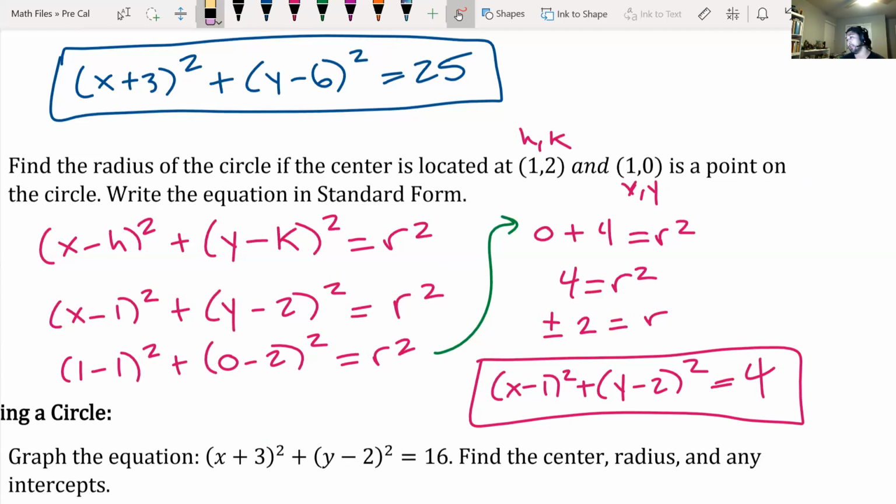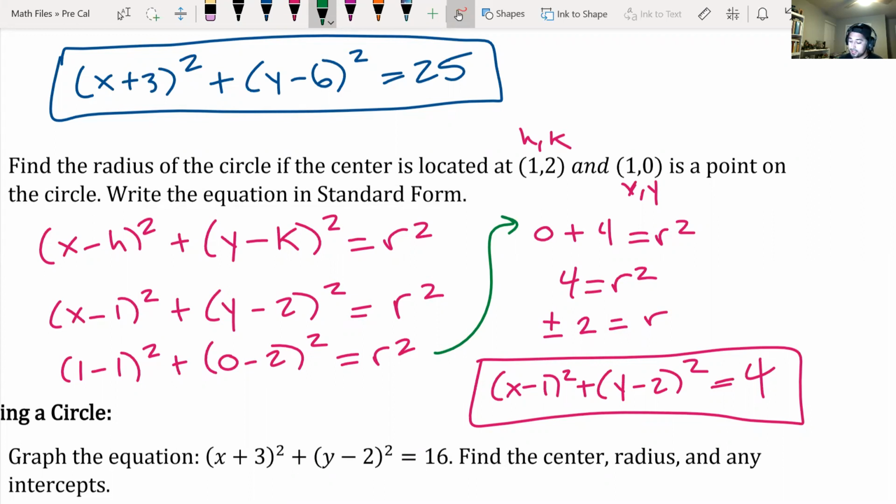I guess technically we didn't need to solve for r. All we needed was r squared, because that's what we were looking for right there. All right. Oh, and I said there was another way to solve it. Well, yes, just look at the points. Look at the difference between your points, the center and the circle.